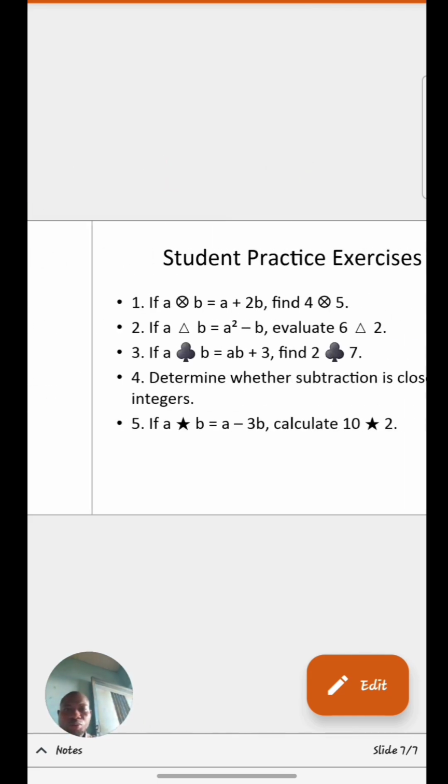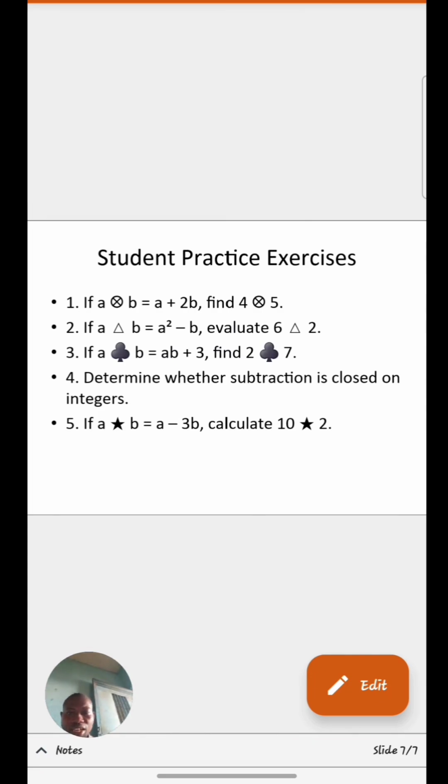You can now check this example to practice. But out of all the examples we are given here, the only one that I see that may give you a tough time is number 4. They said determine whether subtraction is closed on integers.